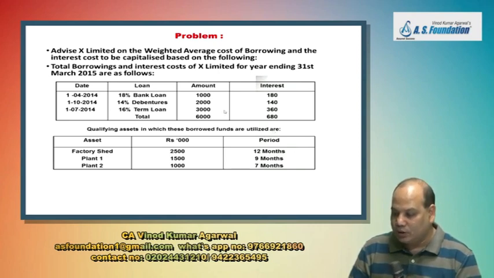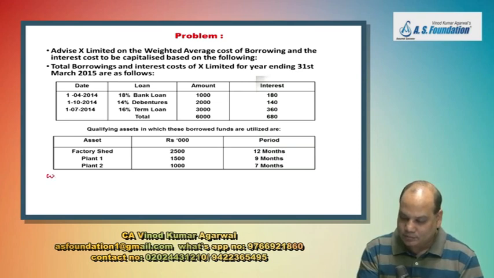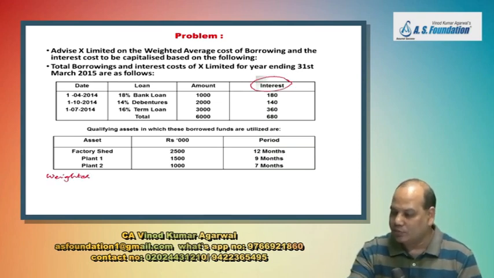So what you do? First you write down step 1, weighted average borrowing. Actually in the exam this will be step 1 first, borrowing cost. But this is calculated for you.